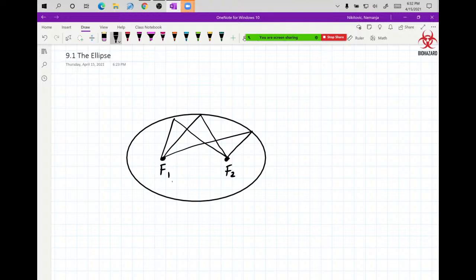No matter where you draw and how you draw, they're always the same when you add these distances. So what distance? Distance L1 and L2, right? Or distance M1 and M2, distance P1 and P2.